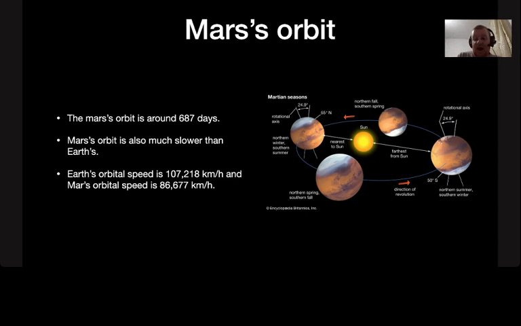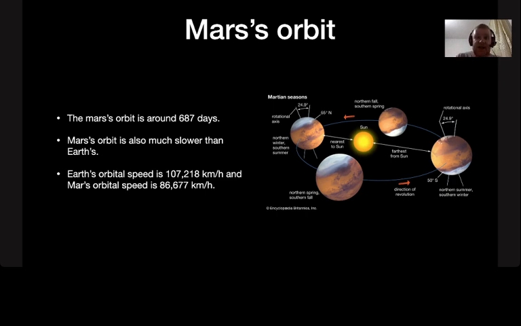And also on the graph, on the picture here, certain parts of the orbit are actually nearest to the Sun, and other parts of the orbit are actually furthest from the Sun.